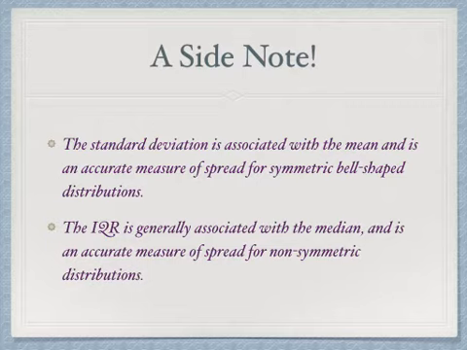Just a side note here, recapping: the standard deviation is associated with the mean, and is an accurate measure of spread for symmetric bell-shaped distributions. The interquartile range is generally associated with the median, which is what I just hit, and is an accurate measure of spread for non-symmetric distributions. And you can clearly see which one you really want to use if you create a histogram.